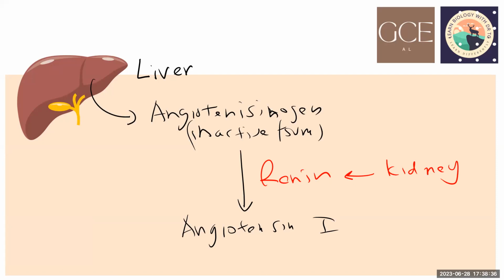Angiotensin 1 is still not in the right form to do the action. That means it is still unable to do something. It is still in a partly inactive form. So I say again, it is inactive.